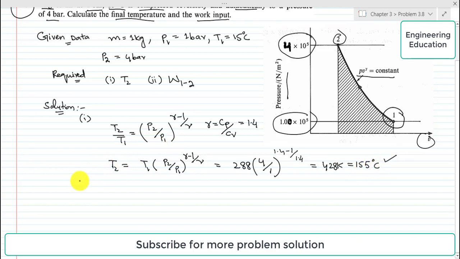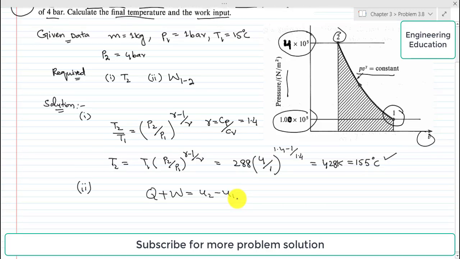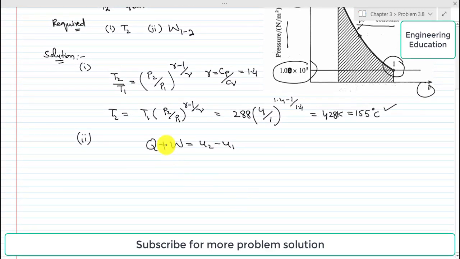Also, to find the value of work input, for that we have the non-flow equation, that is Q plus W is equal to U2 minus U1. So for reversible adiabatic process, we know that Q is 0, and from Joule's law we know that specific internal energy is CV times temperature.